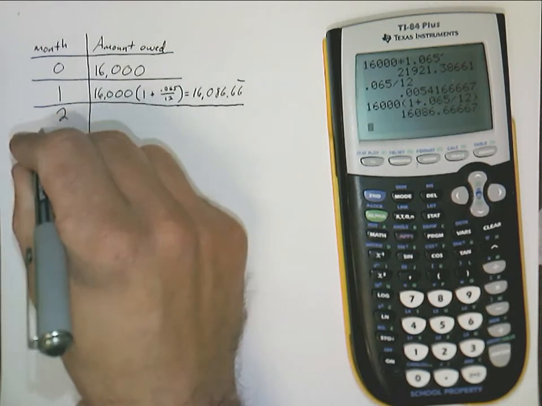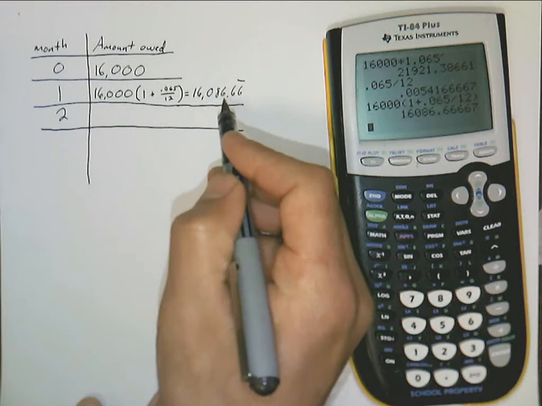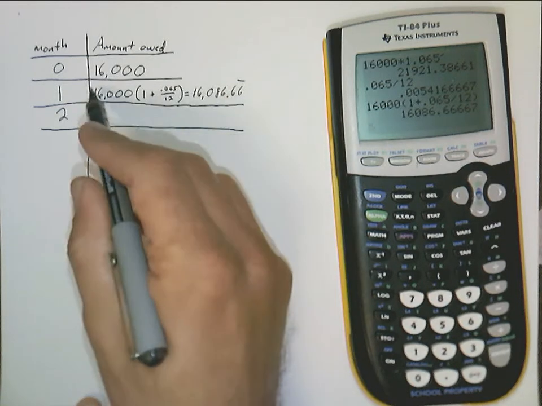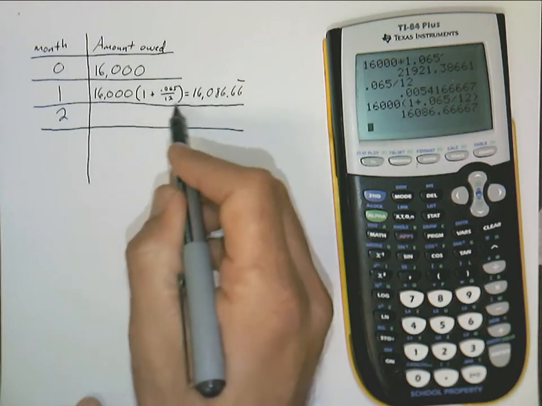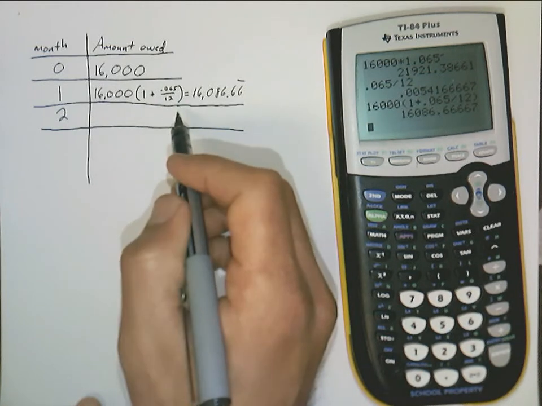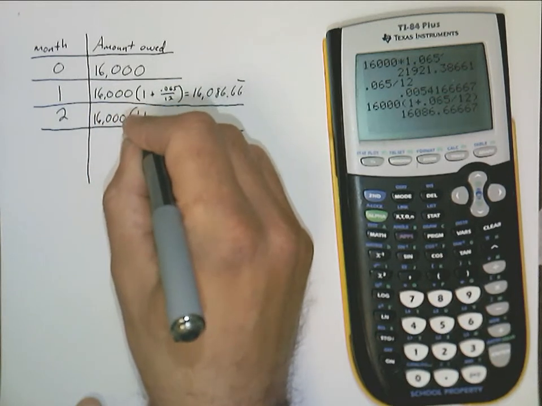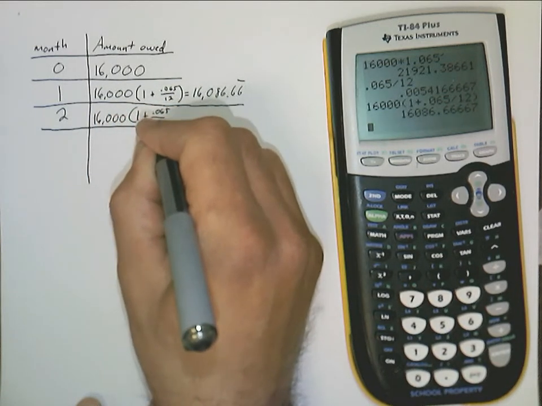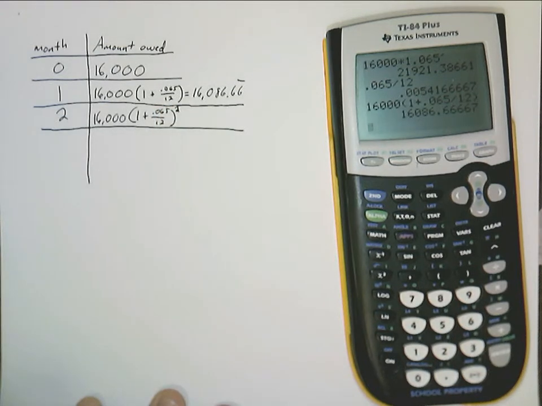After the second month, now I have to pay interest on this new amount, which we can also write this way, meaning we're just going to multiply it by another factor of 1 plus 0.065 over 12. Or we just write that in this way, squared.